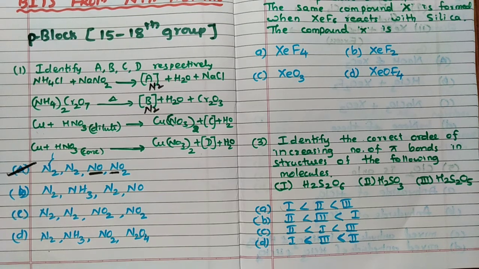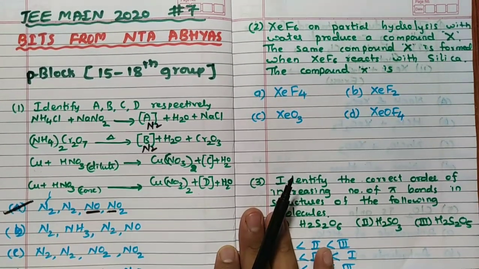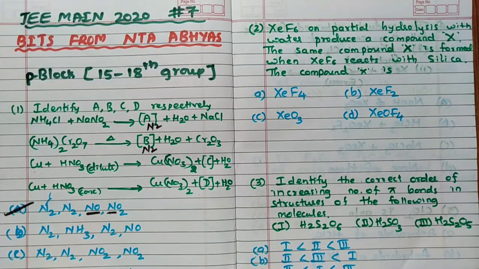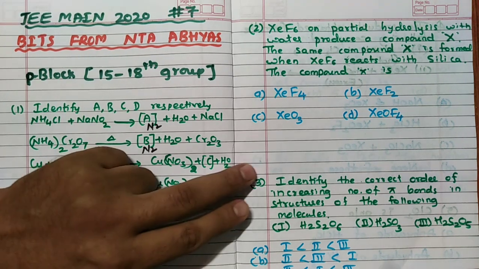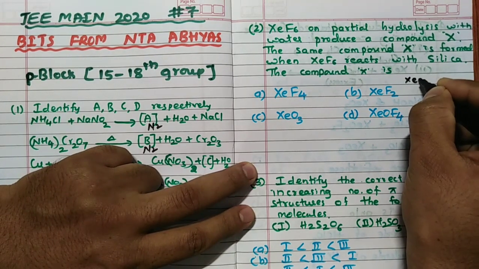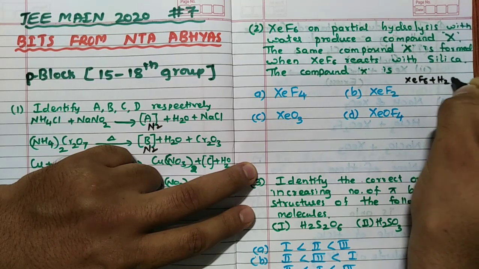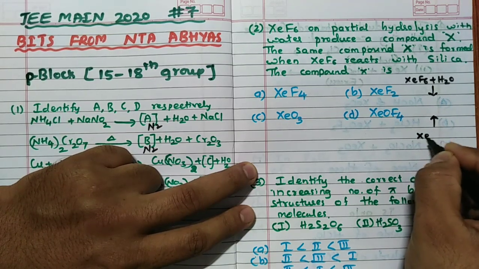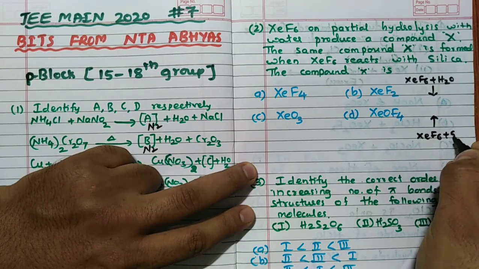Very important question. Then XeF6 on partial hydrolysis with water produces a compound X. The same compound X is formed when XeF6 reacts with silica, which means XeF6 plus water forms a compound, and the same compound is formed when XeF6 reacts with silica.